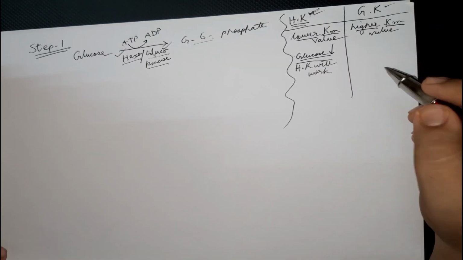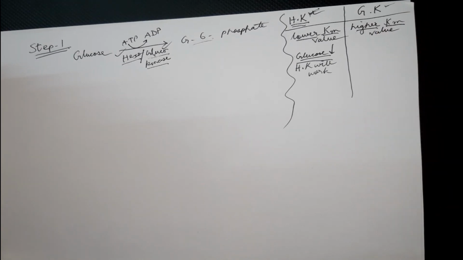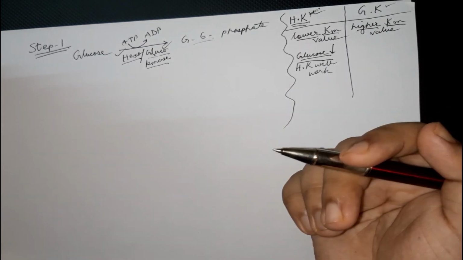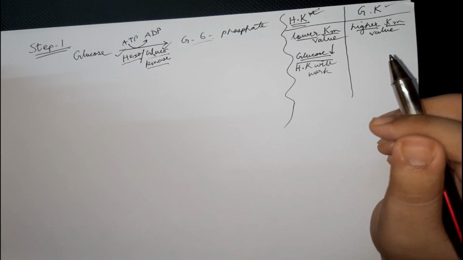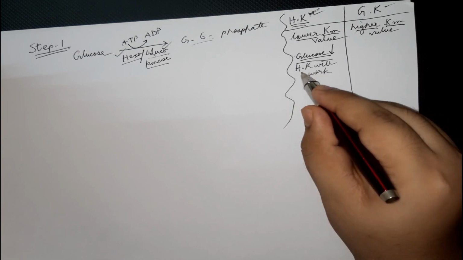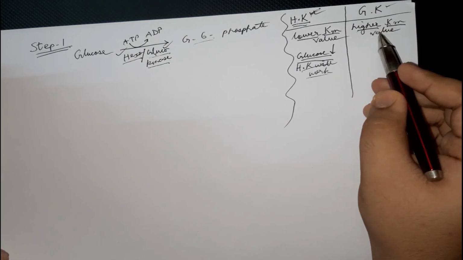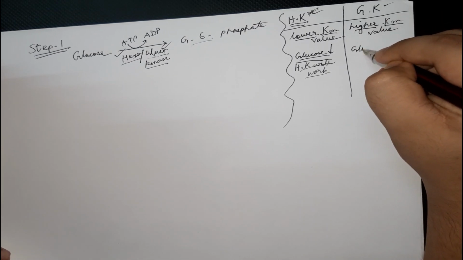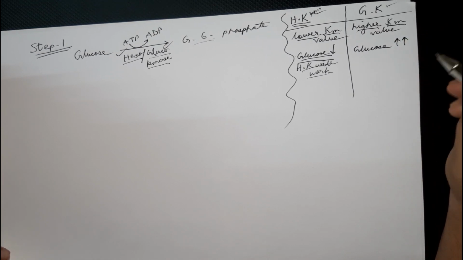Even when glucose is low and gluconeogenesis, not glycolysis, should be favored, hexokinase has such a strong affinity for glucose that even at low levels of glucose, hexokinase will work. But glucokinase, having a higher Km value and hence lower affinity for glucose, will only work when glucose concentration is much higher in the blood.